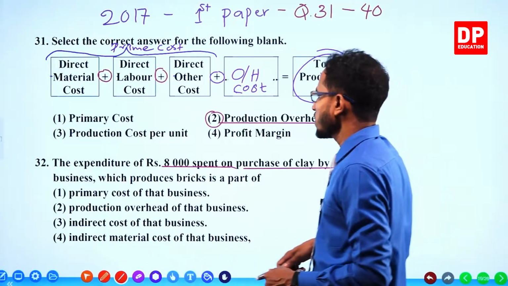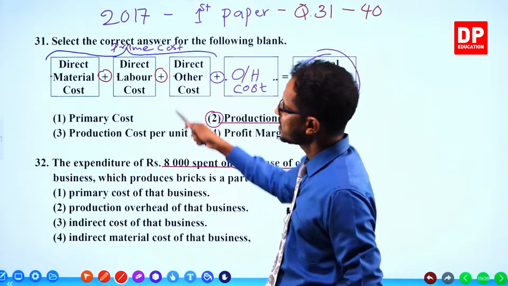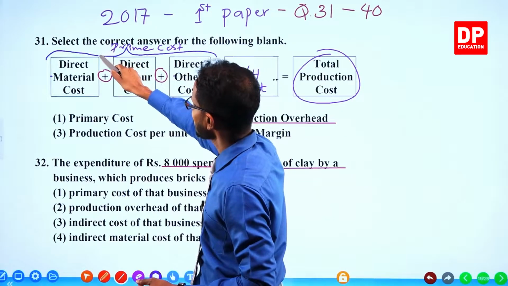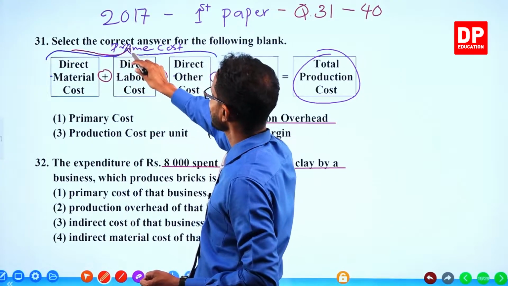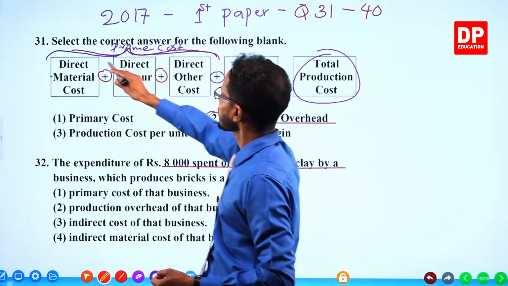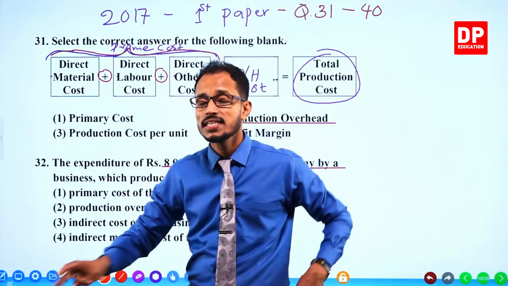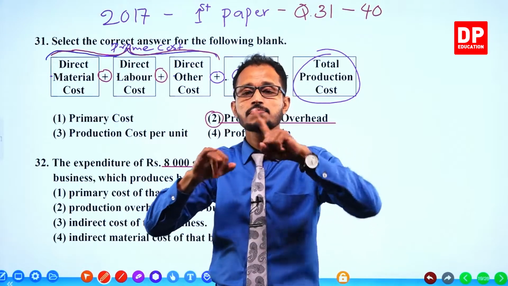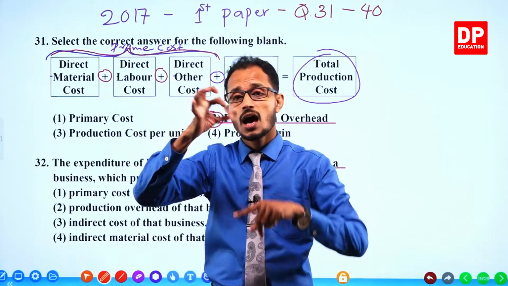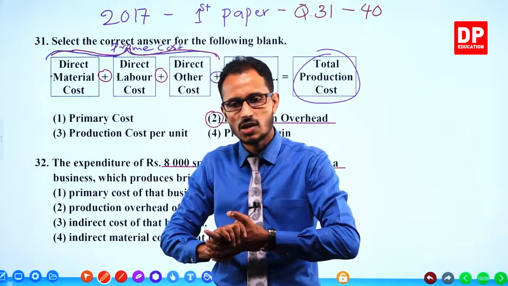Of course, we know the prime cost, which is mentioned on the above question, includes direct materials, direct labor and direct other costs. The prime cost is the addition of all direct costs.